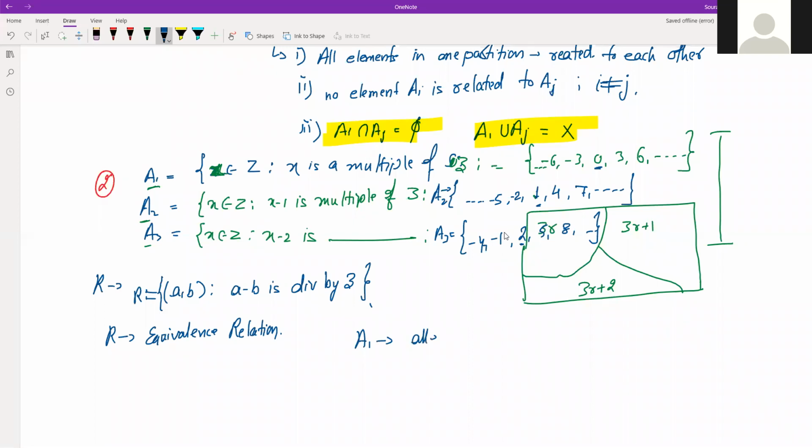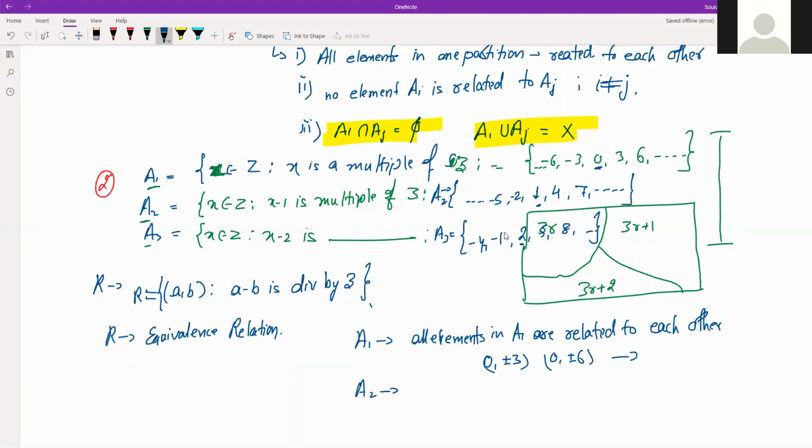So all elements in A1 are related to each other. You can take any 2, and we start from 0. So 0 plus minus 3, 0 plus minus 6. So they all are related to each other.